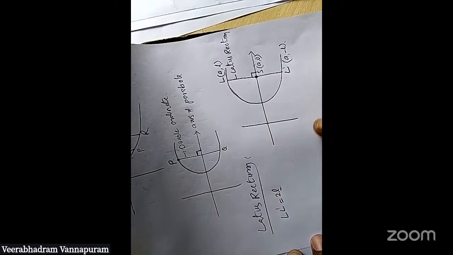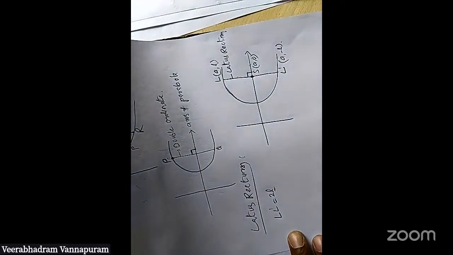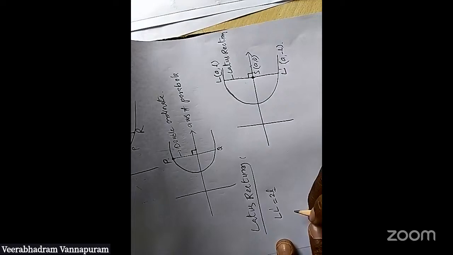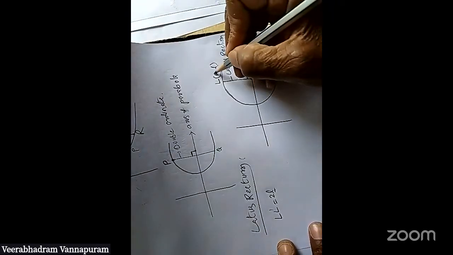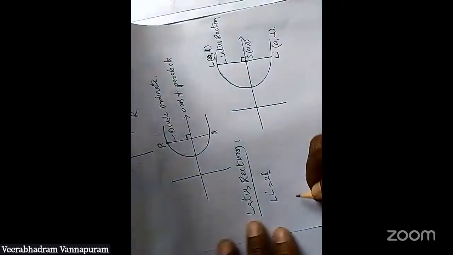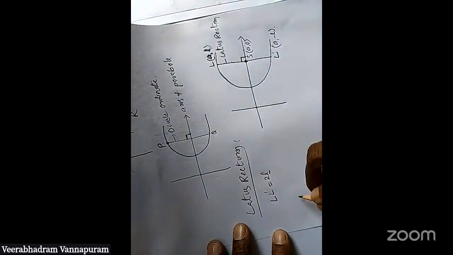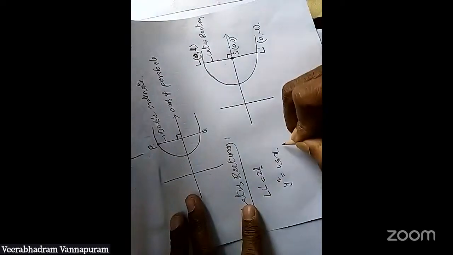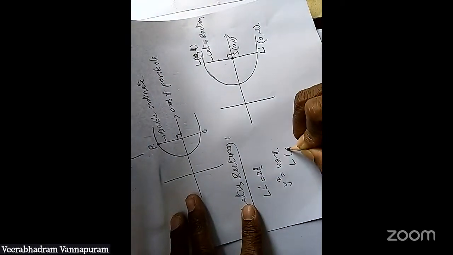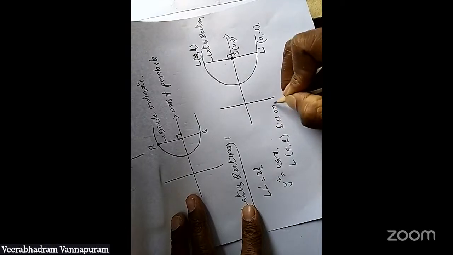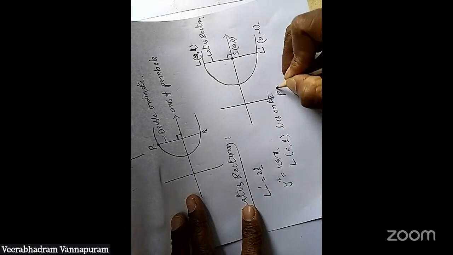Now we will find the small l. Since L is a point on the parabola, the equation of the parabola is y square equal to 4ax. Here L, a comma l lies on the parabola.